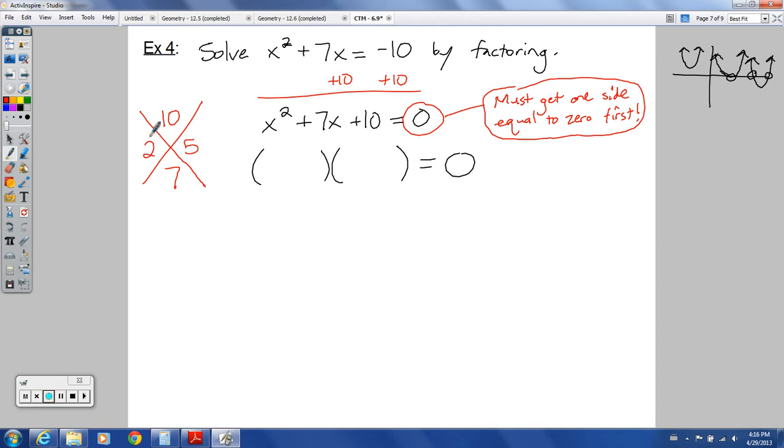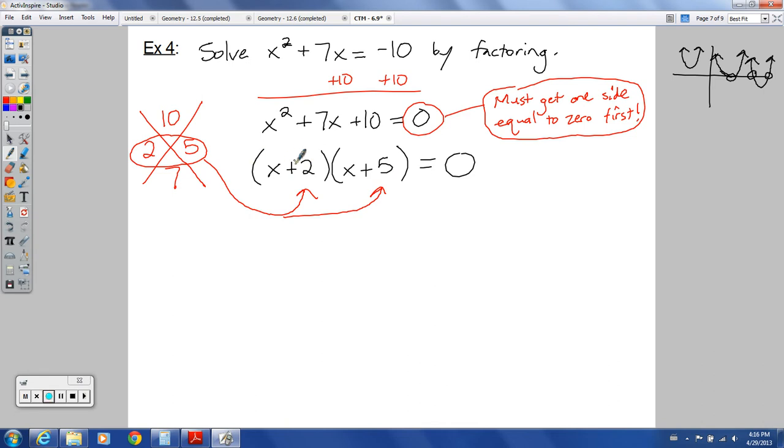So we're going to take these numbers and they're going to get plugged in right here and right here. So this becomes x plus 2 times x plus 5. Could I write x plus 5 times x plus 2 instead? Sure, absolutely.